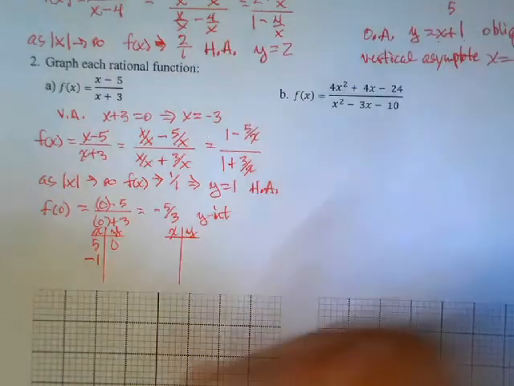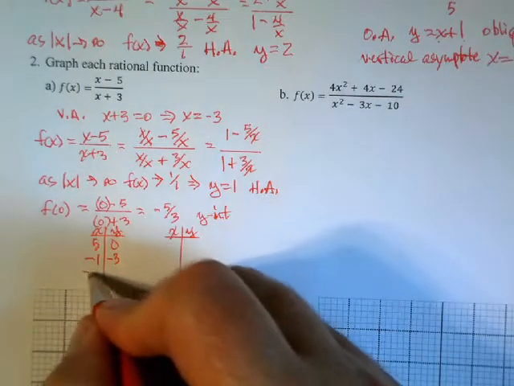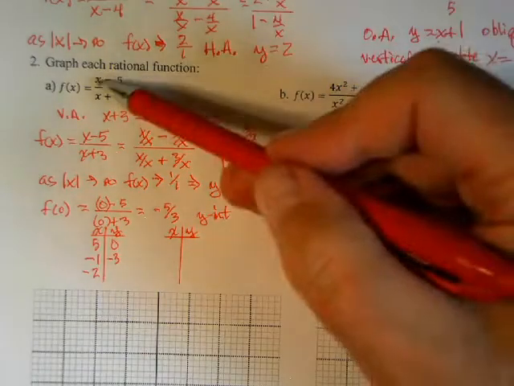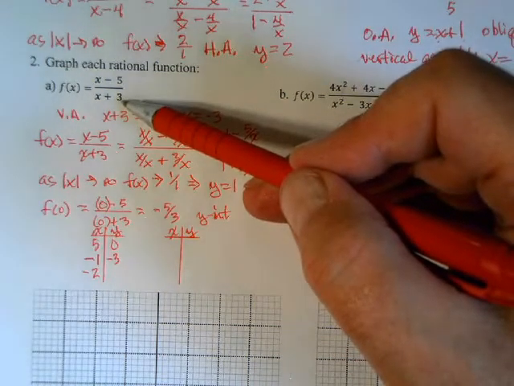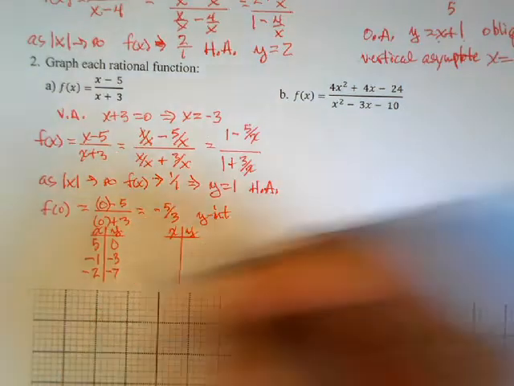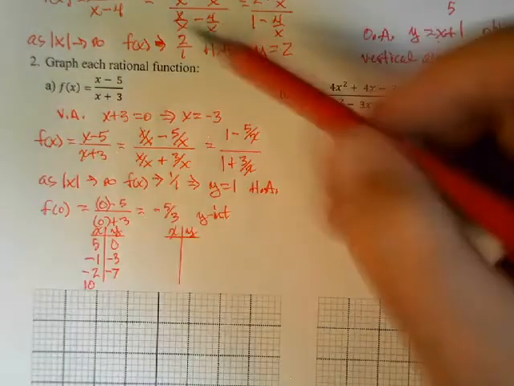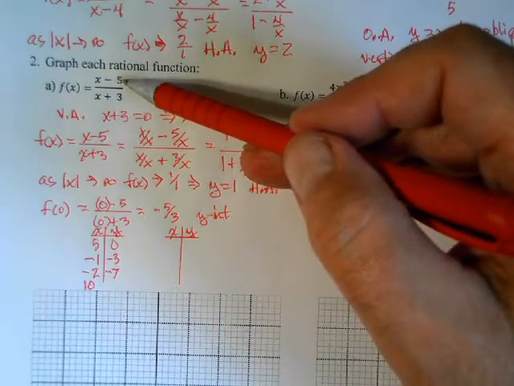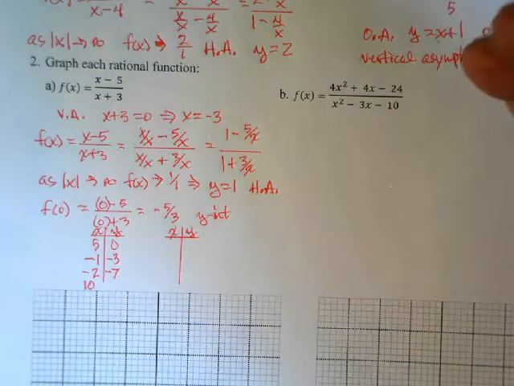If I put in negative 2, negative 2 minus 5, that's negative 7. Negative 2 plus 3 is 1, so that's going to be negative 7. If I put in 10, 10 minus 5 is 5. 10 plus 3 is 13, so this one's going to give me 5 over 13.